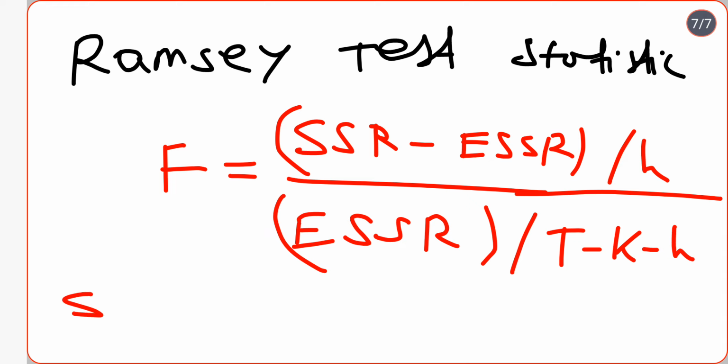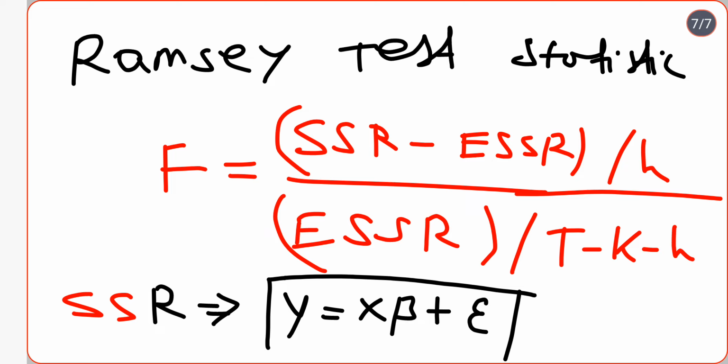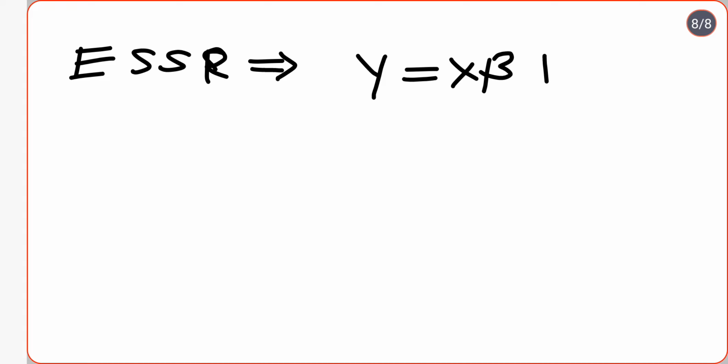So what is SSR? SSR is the sum of squared residuals from the OLS estimation of the regression model y equals x beta plus epsilon. This is our actual or initial regression model. When we calculate the sum of squared residuals from the initial model, that is termed SSR, and the extended one, ESSR, is the sum of squared residuals calculated from the extended regression model, that is y equals x beta plus z gamma plus epsilon.